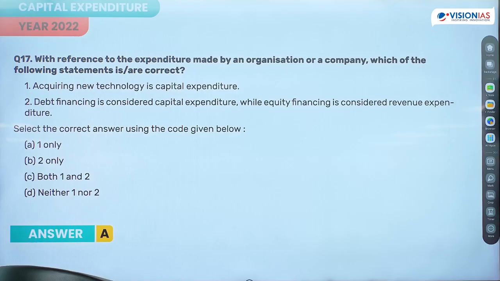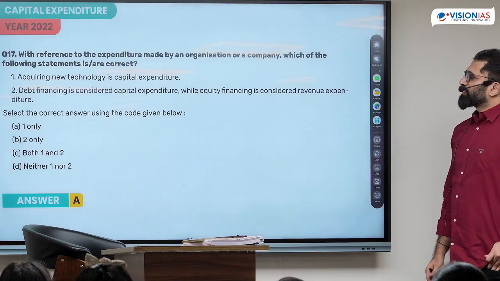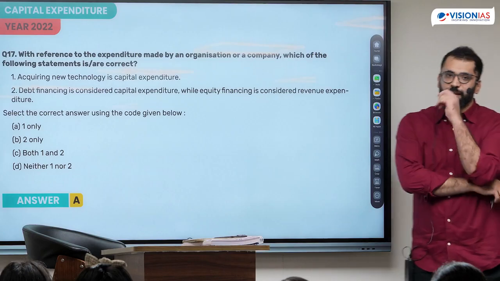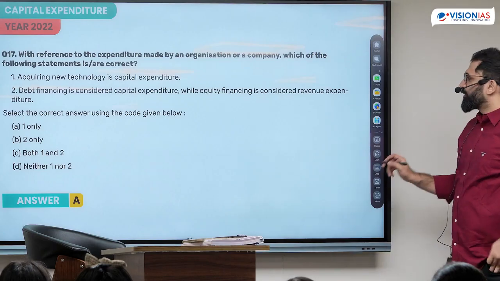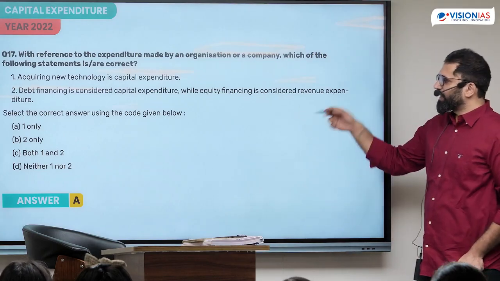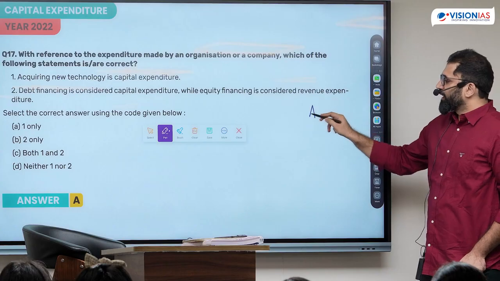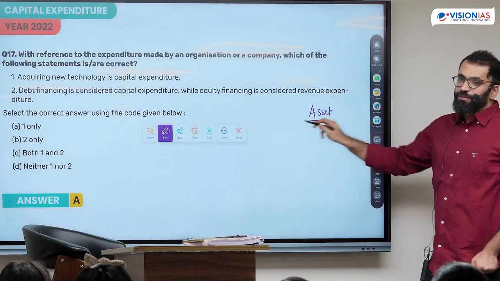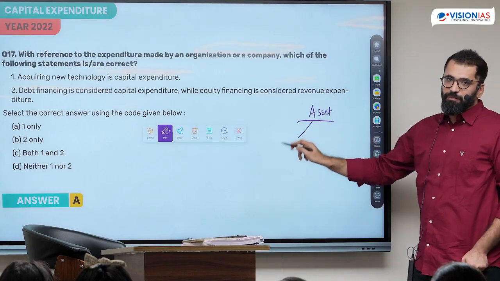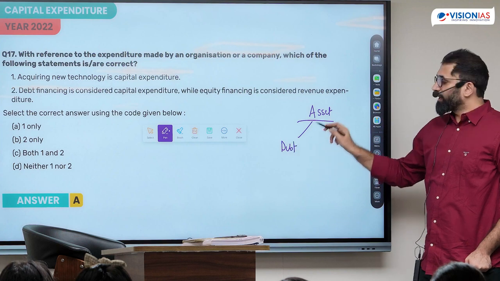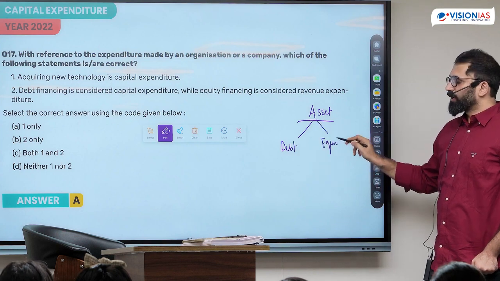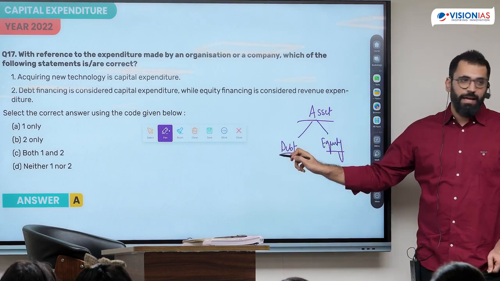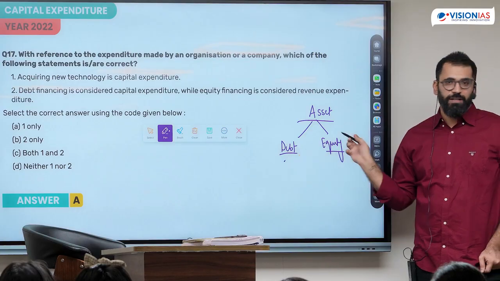Debt financing is considered capital expenditure, while equity financing is considered revenue expenditure. If I have to build an asset, in fact, this is wrong in many ways. If I need to build an asset and I don't have the money for it, I can take money by taking a liability, or I can take money by issuing shares. I can take money by taking a liability, or I can give them ownership.